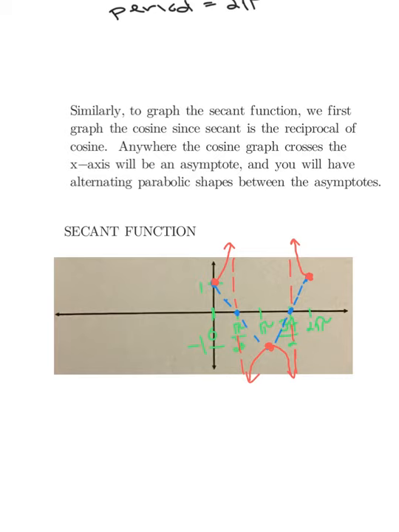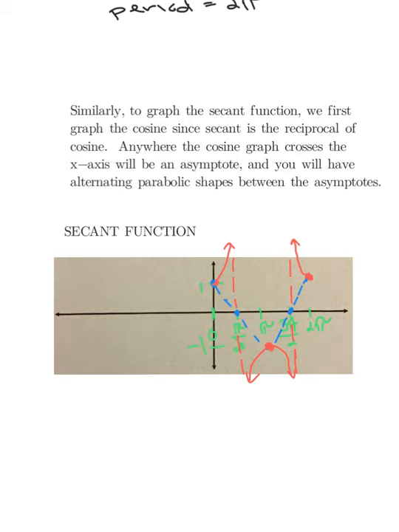We could keep going and have the other half of those parabolas going like so. But the graph of the secant, if you are only looking at one period of it, does not include that second little piece. What I have shown originally here now is the basic one period for a secant.